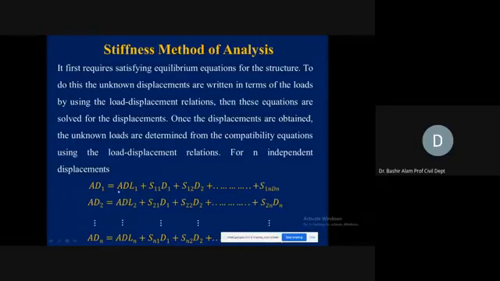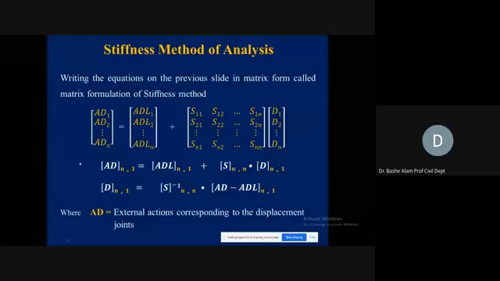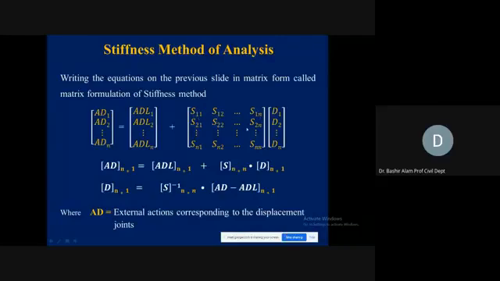Similarly, AD2 for the multiple degree of freedom, you can generate these simultaneous equations. So now if we want to write this in the matrix notation form, this will become AD, this will become ADL, and this will become stiffness coefficient, and here we have the unknown joint displacements. If we want to write this in the condensed form, AD is equal to ADL plus S times D. यहाँ पे अब आप कंपैरिजन कर रहे हैं, AD is taking the place of the DRS.